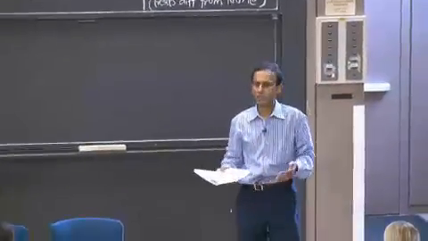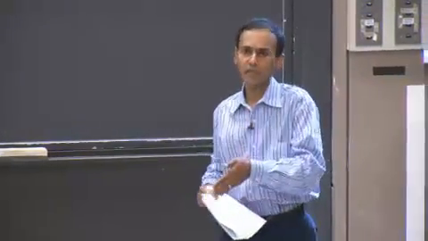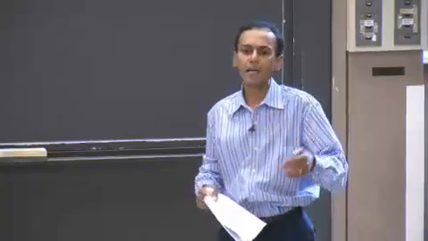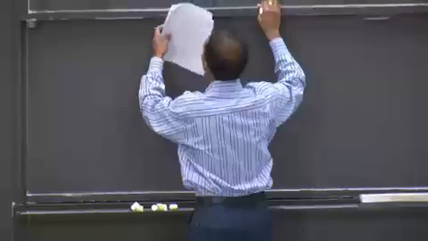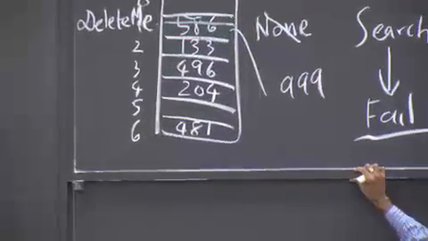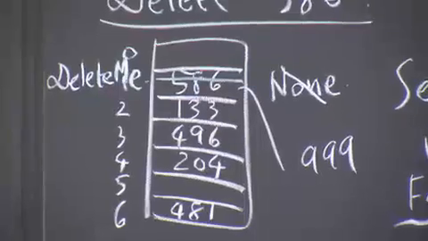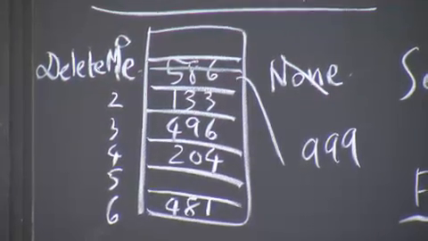So the next time you want to insert, if you happen to index into the slot corresponding to 586, you can override that. The delete me flag goes away, and some other key, call it 999 or something, would get in there. And you're all set with that. Okay? Any questions? Does all that make sense?